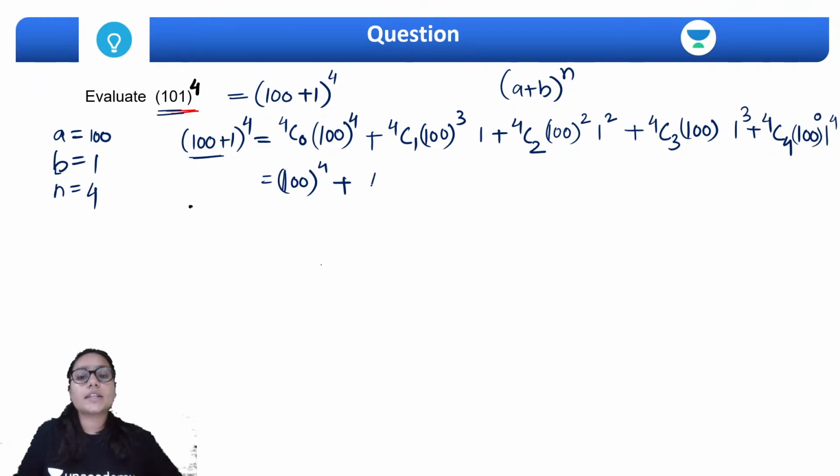Correct. 4C1 is 4 and this is 100 cube. Likewise, the value of 4C2, please calculate and tell. Yes, Praveen, Prakhar, please solve 4C2 and tell the value.